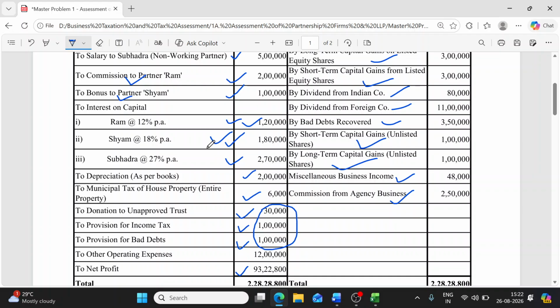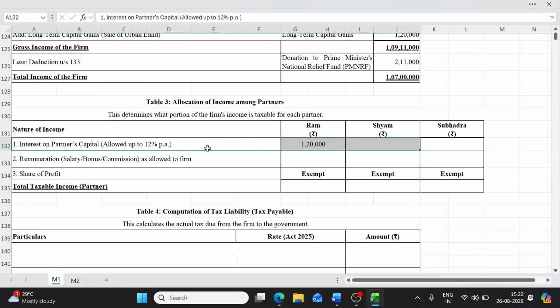Out of 1,80,000, that 6% portion was 60,000. So 60,000 was disallowed, and that was added back in the first table. It means the remaining 1,20,000 is allowed, and that is taxable in the hands of Sham.